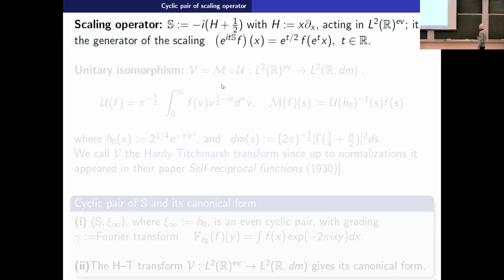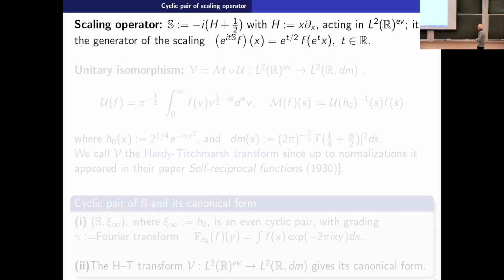And then S is made like this because you want to deal with a self-adjoint operator, and it's acting on L2 of R even.